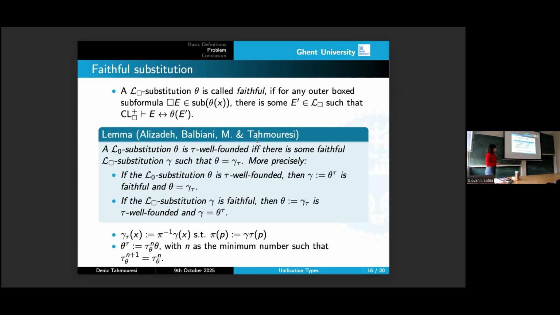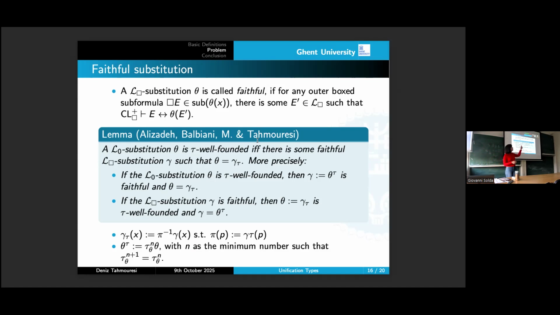And to do that, we need one more definition that is called faithful, and then one result that I'm going to talk about. The idea of that definition is that we say some substitution is faithful if, when it substitutes the atoms, the box formula that is going to appear belongs to the formula itself.